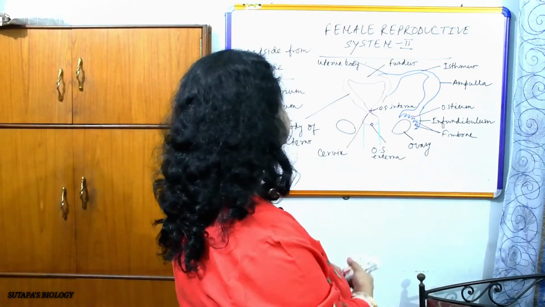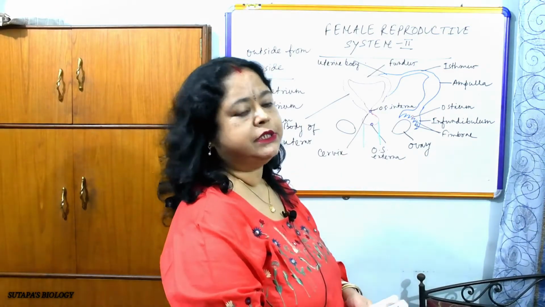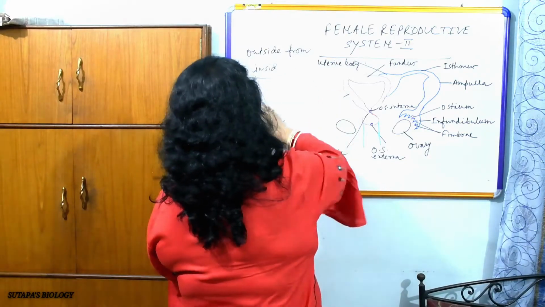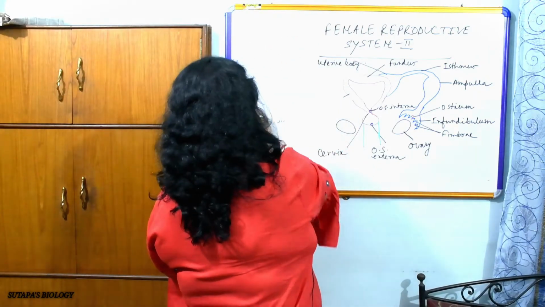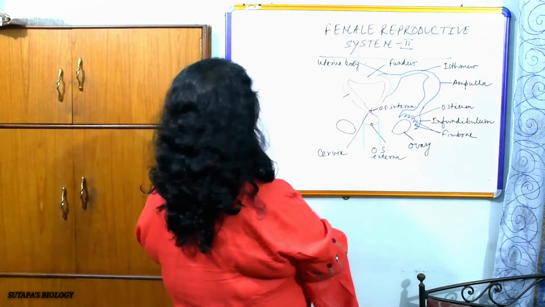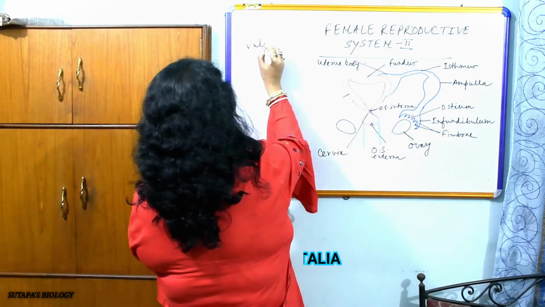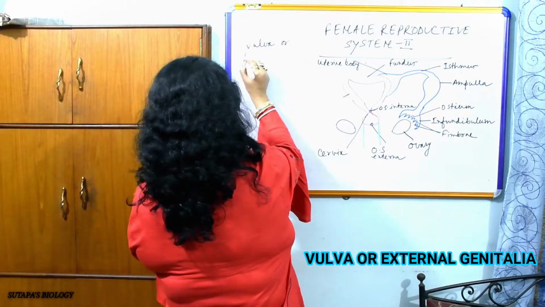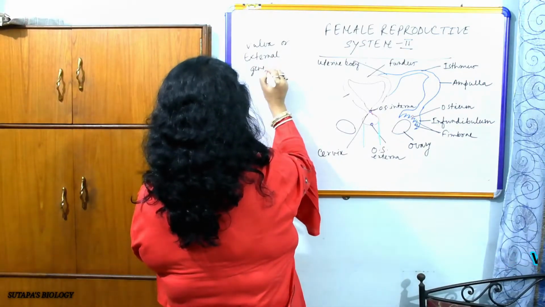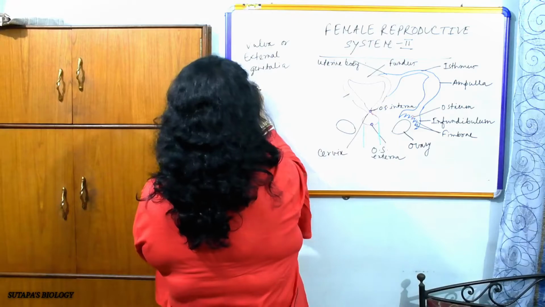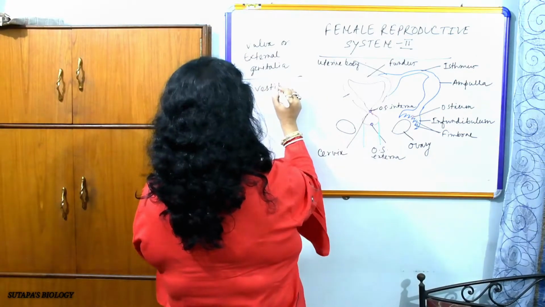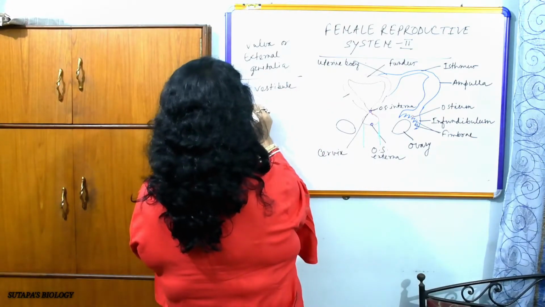Now after that there is the vulva or the external genitalia. The vulva or external genitalia of female has some parts like this. It consists of number 1 vestibule and number 2 orifices.